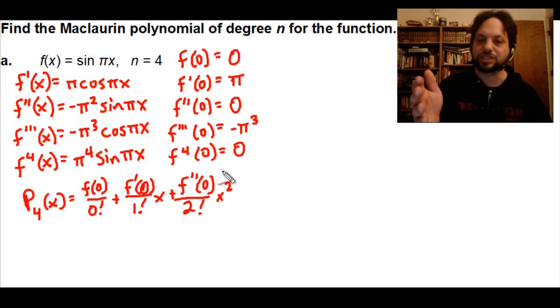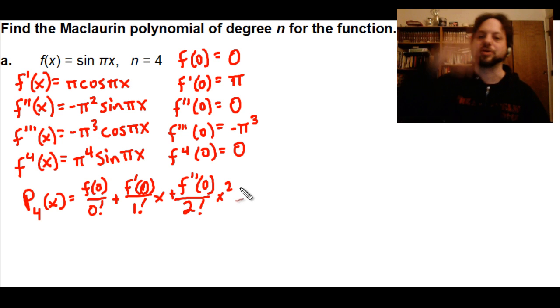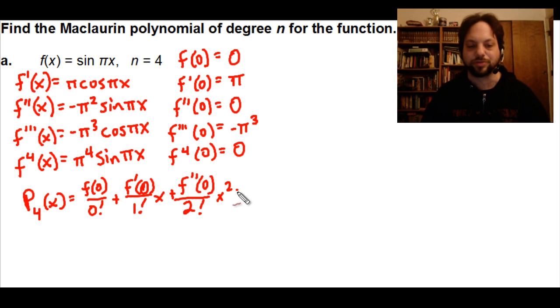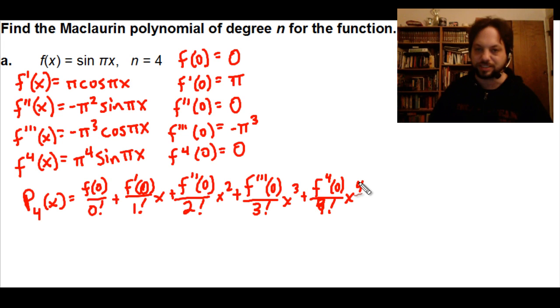Hopefully you're seeing all the connections here. The denominator factorial is the same as the exponent, is the same as how many derivatives I'm doing. So everything fits together pretty nicely here. I'm going to continue this out. I'm almost finished, so it'd be stupid of me to stop at this point. And my fourth degree Maclaurin polynomial is going to look just like this.